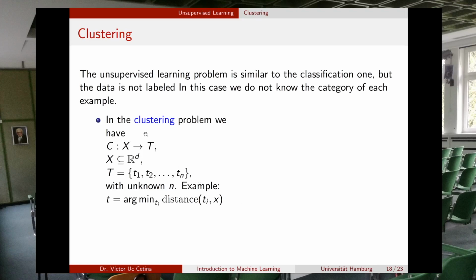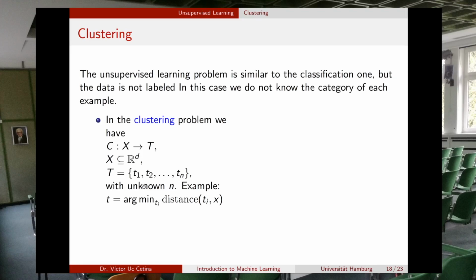In the clustering problem, we want to map the elements in X to the elements in T. X again is a vector of real numbers in dimension D, and T is a set of n finite labels.